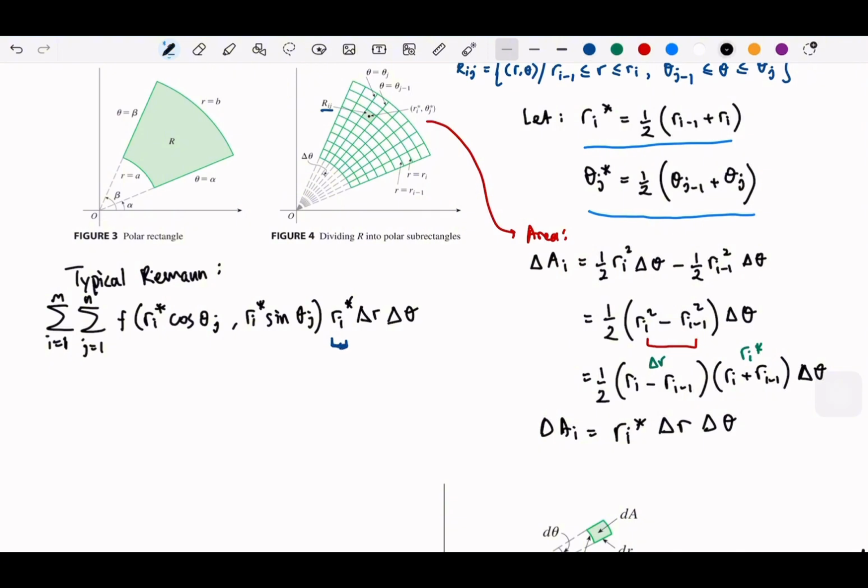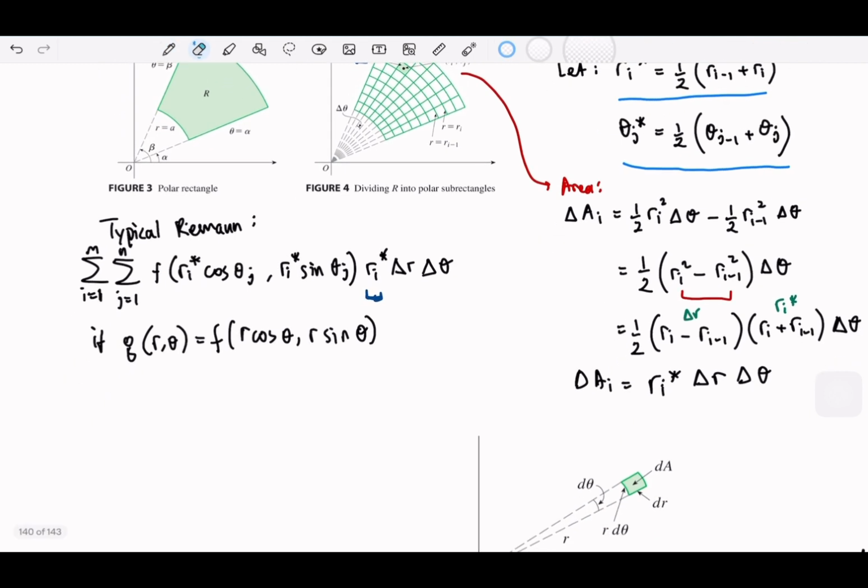Okay. So from this part, if we can write another function g to change this f. So f is the counterpart for our xy, or g is the counterpart that we are going to use in our polar.